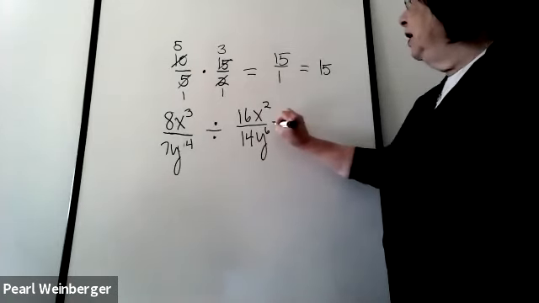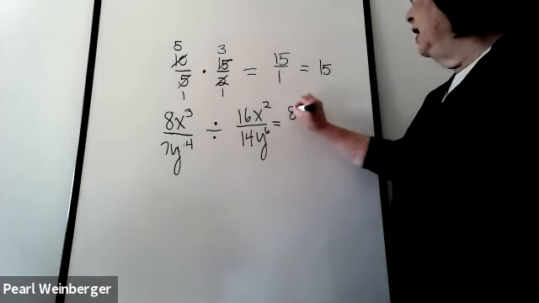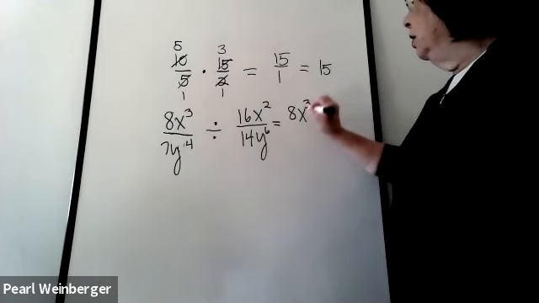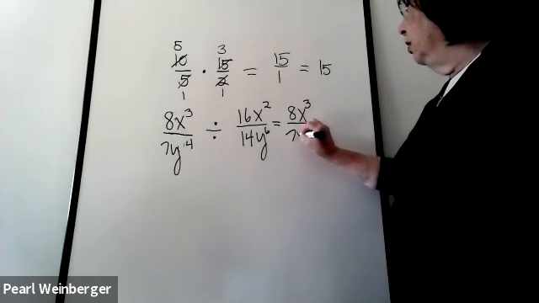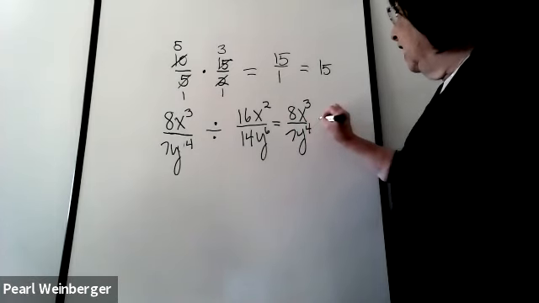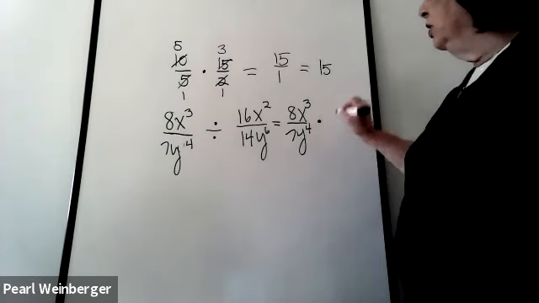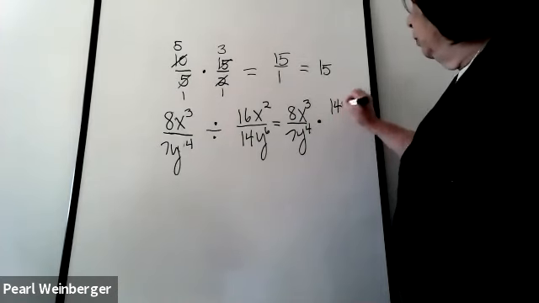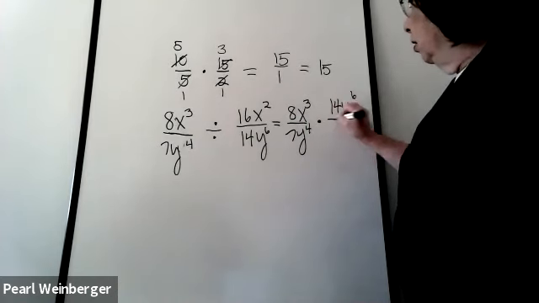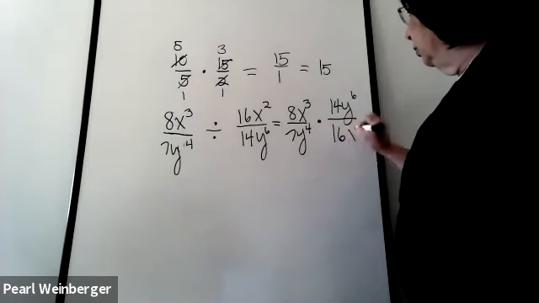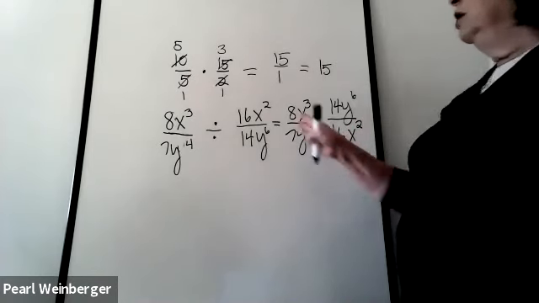You rewrite this problem as 8x to the third over 7y fourth times, you make it into a multiplication, 14y6 over 16x squared.